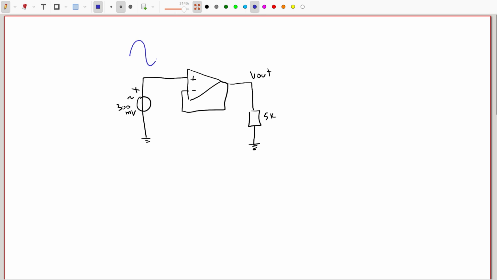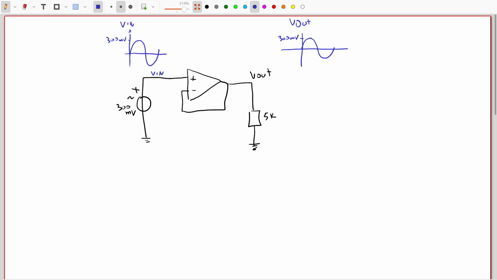So we have something like this here at the input with 300 millivolts. I will expect exactly the same coming out. This will be out, and this will be in. Okay.